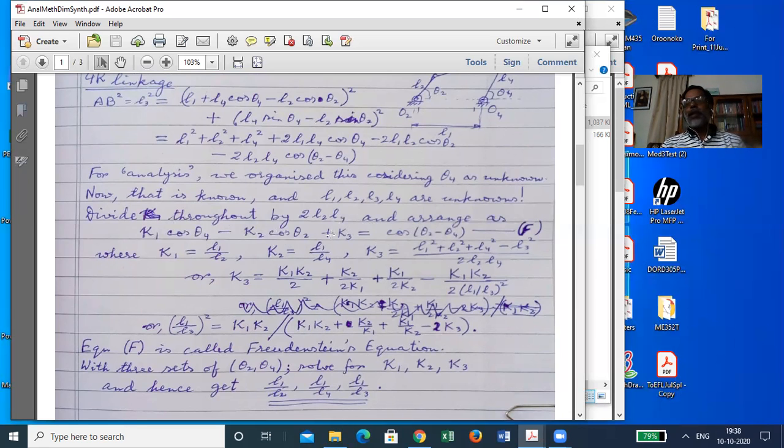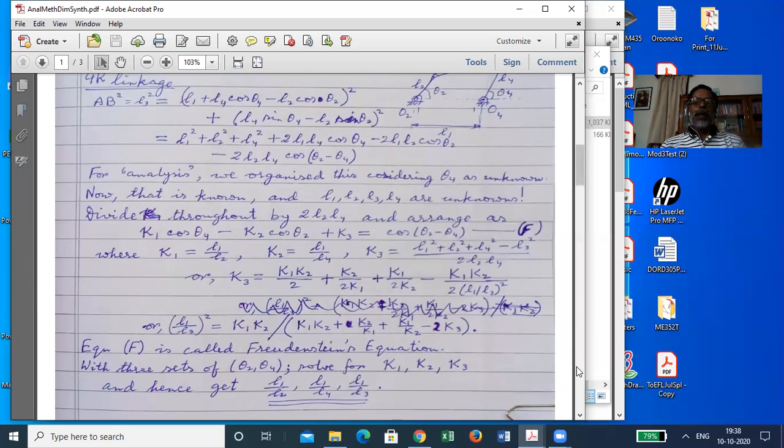And two equations, two unknowns is just child's play, right? So you can solve that, and then whatever K1, K2 values you get, you put in one of the three originals, and you get K3 also. So solve for K1, K2, K3, and based on that, get these ratios, and your mechanism design is done. So that's it for the 4R linkage.